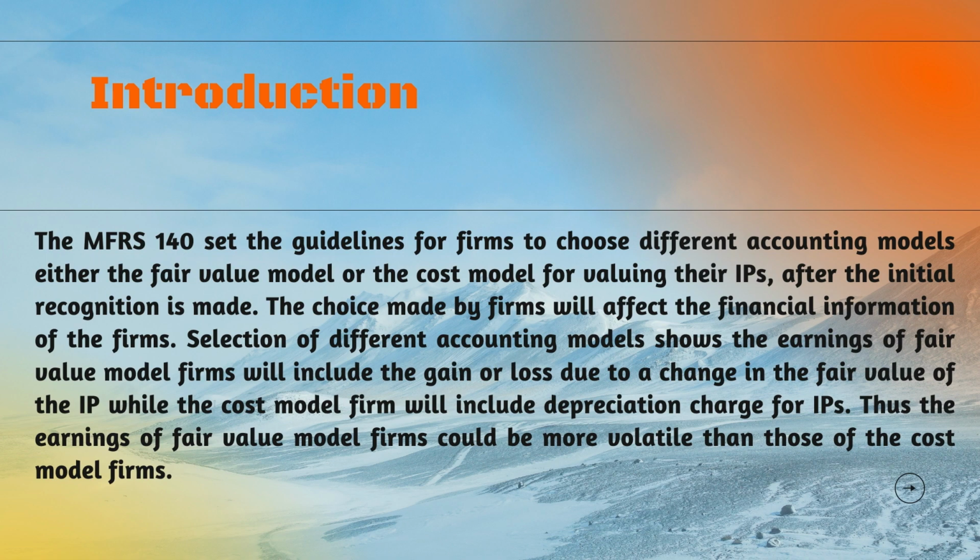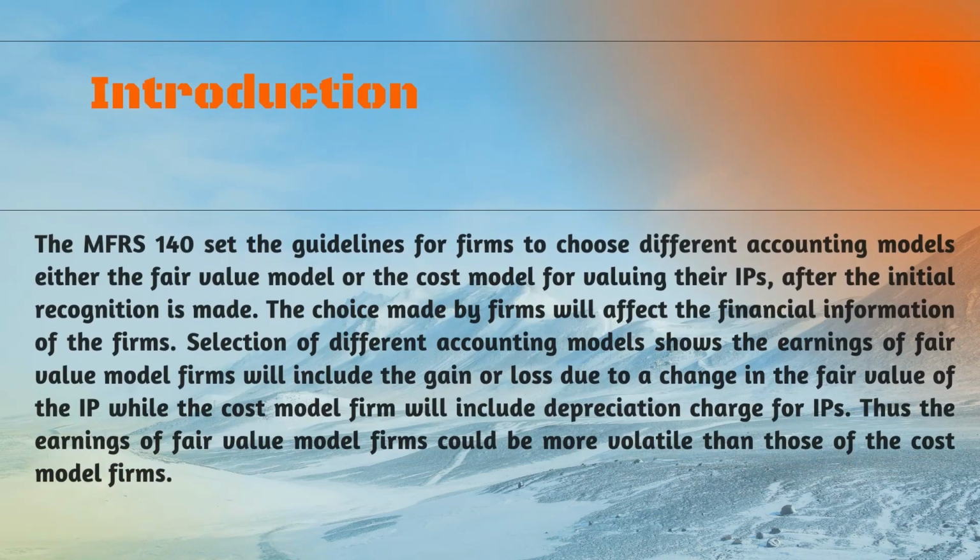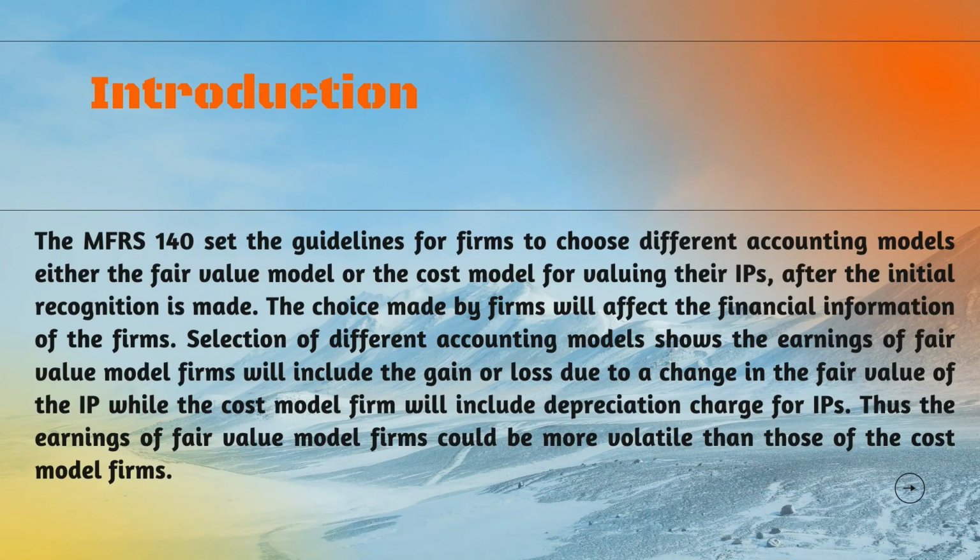The consequence of selecting different accounting models is that the earnings of fair value model firms will include the gain or loss due to a change in the fair value of the investment property, while the cost model firm will include depreciation charge for investment property. So, the earnings of fair value model firms could be more volatile than those of the cost model firms. This may lead to the investment property being value irrelevant or value relevant.